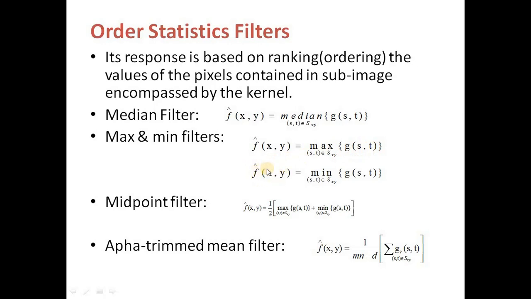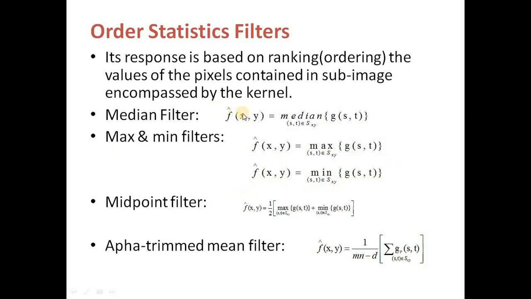Similarly, for the min filtering, f cap of xy, that means for the central location of the kernel, the restored image will be assigned an intensity which equals the minimum value of all the intensities for coordinates that are within the S of xy, that means within the sub image region.